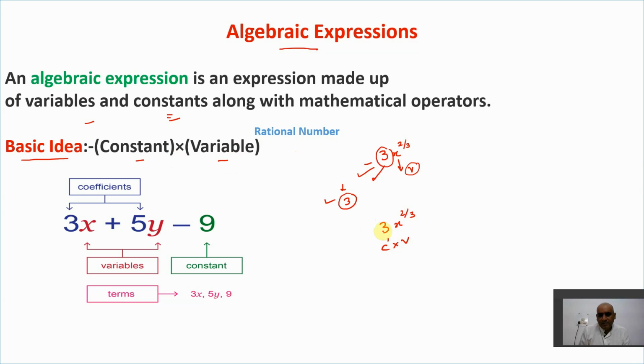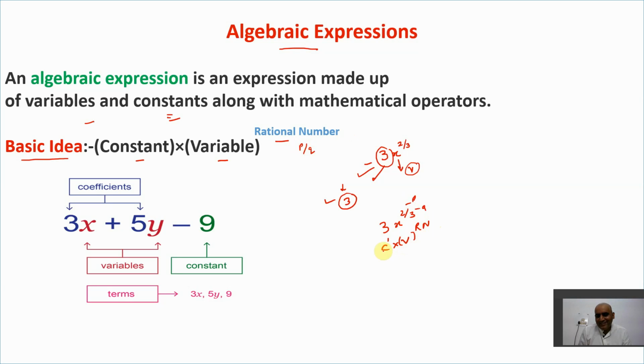So constant multiplied by variable to the power rational number. The basic idea here is rational number, and we know all the rational numbers are those numbers which take the form of p by q. Now here this is 2 by 3, so this is p, this is q. It takes the form of p by q.